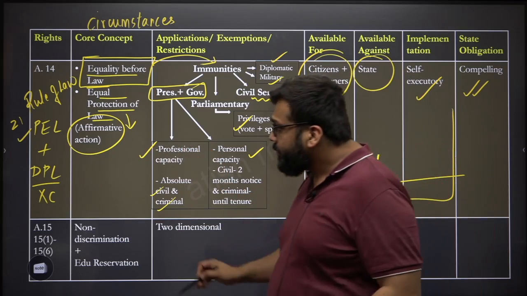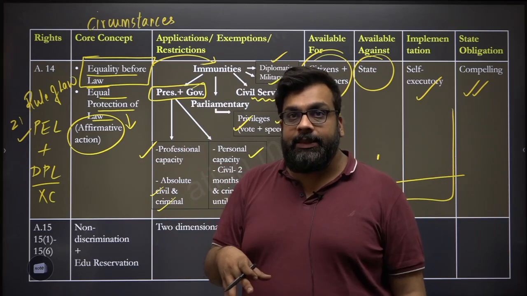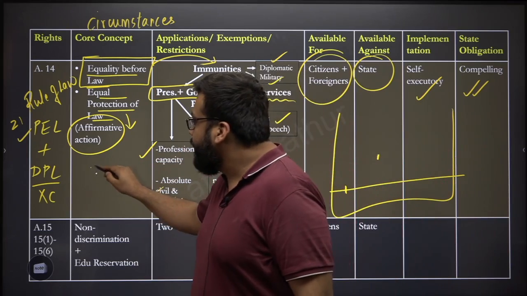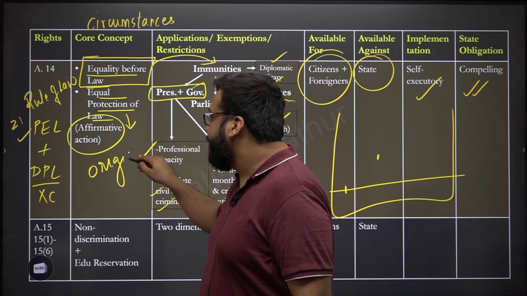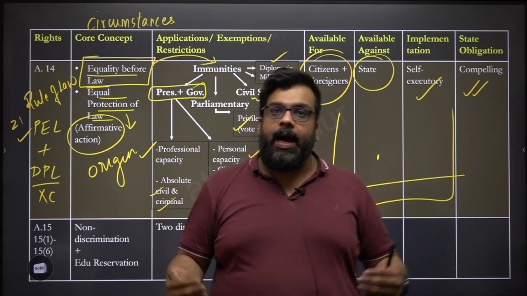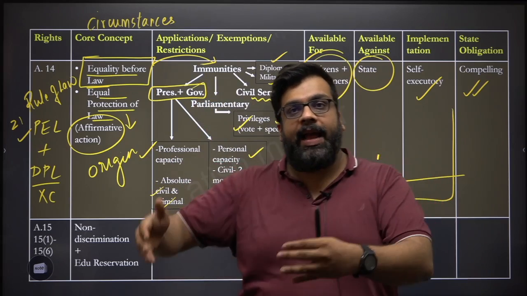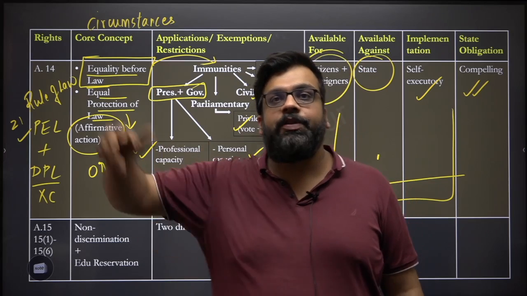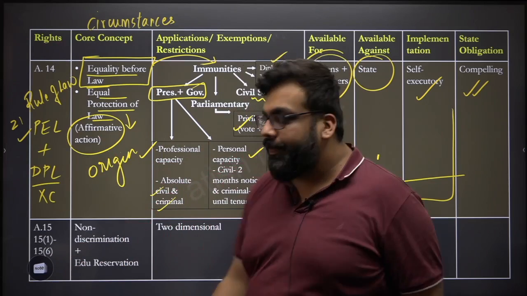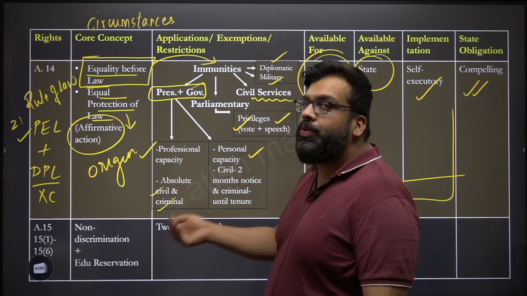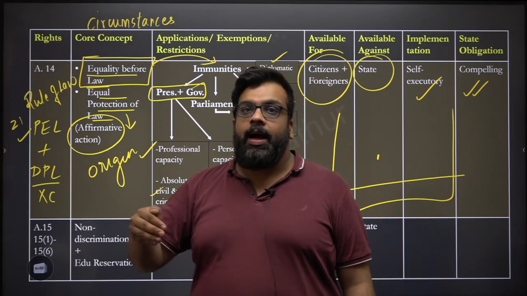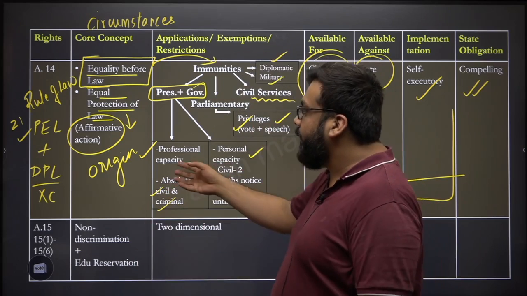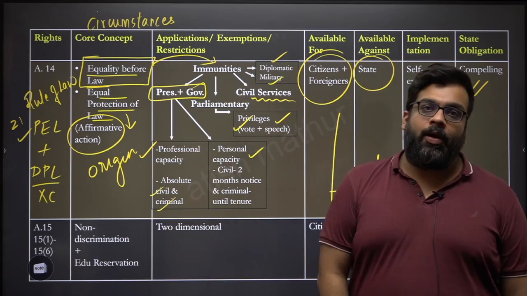And in fact, reservation policies may be described in 15 and 16, but they owe their origin to Article 14. Article 14 allows the state to have any form of affirmative action. Reservation is one of the forms of affirmative action. 15 and 16 tell you how to, but 14 allows you to have it in the first place, and that is why it's called the origin of affirmative action.